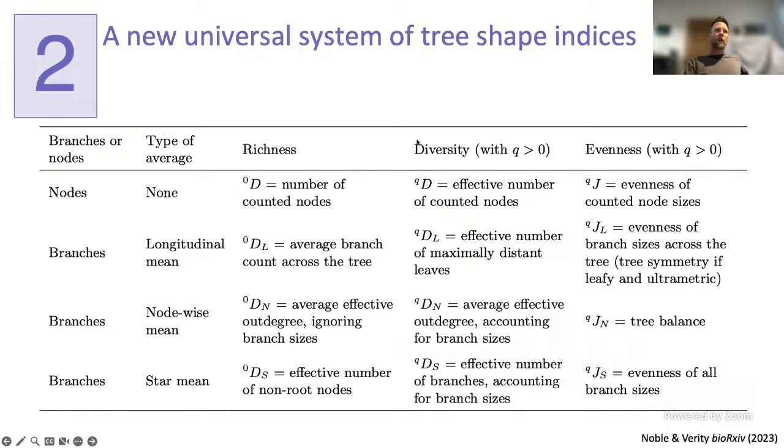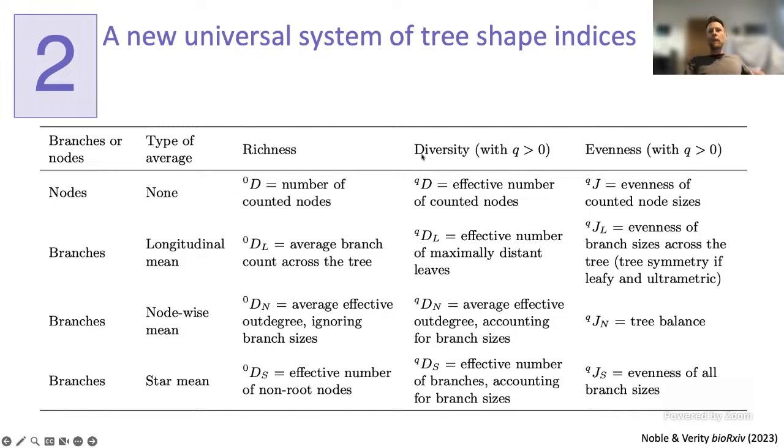So what we see as we go across here, we look at these three index types: richness, which means you ignore the size, you just look at the count rather than the size. A diversity index, which tells you in some sense how many of something there are in an effective way. So the first one tells you how many there are just counting.